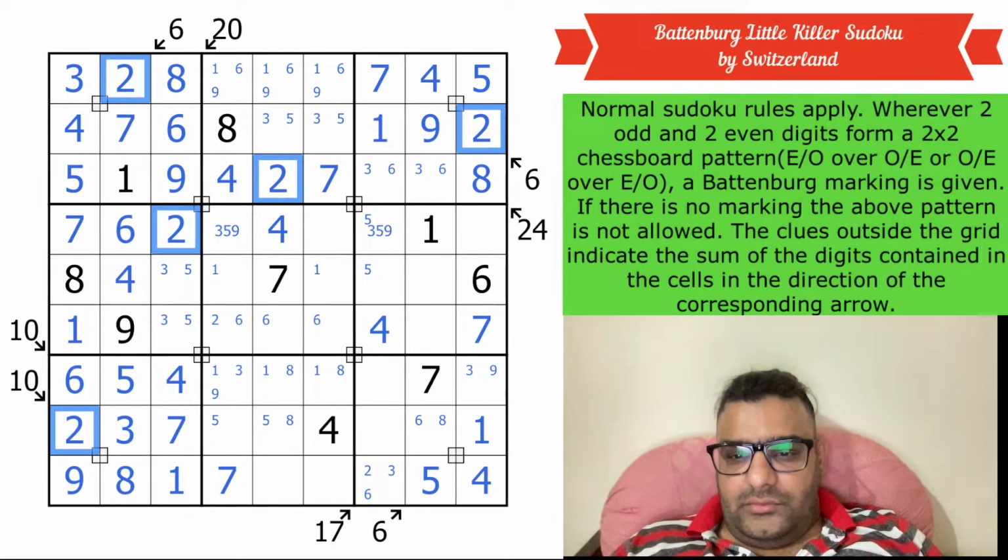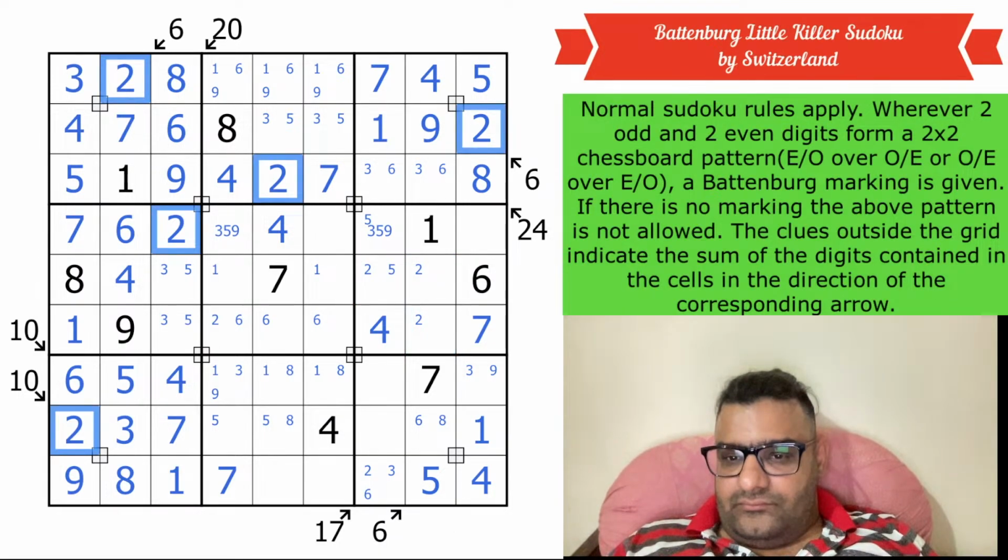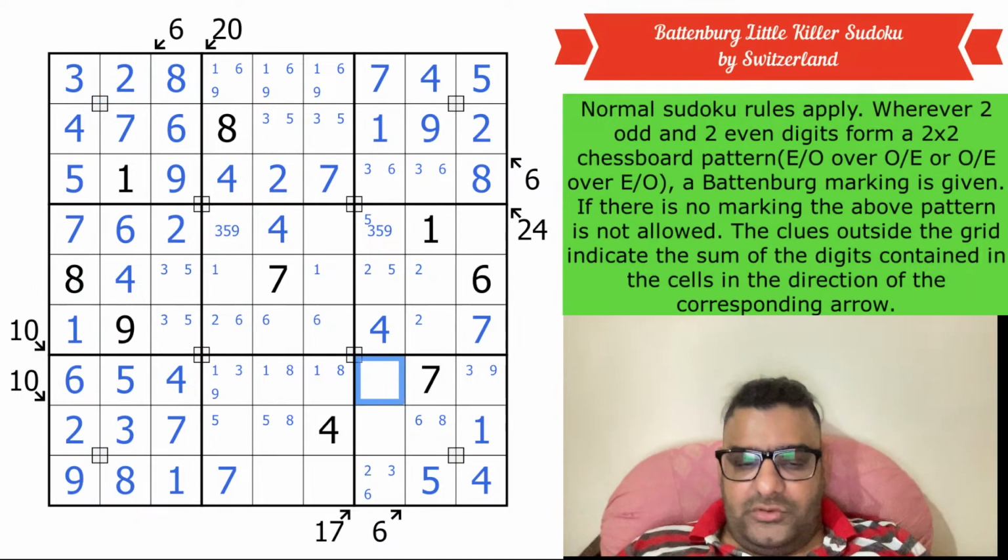2 cannot be here. 2 can be in any of these. 2 can be here.